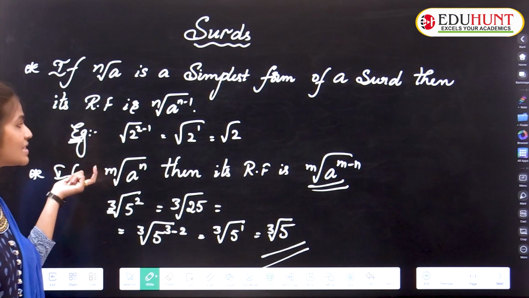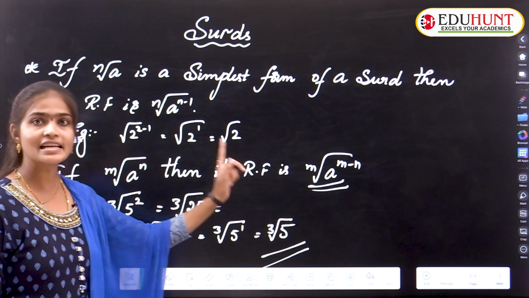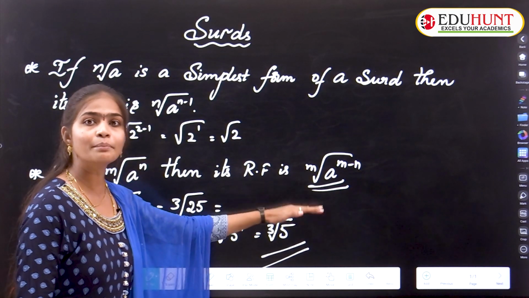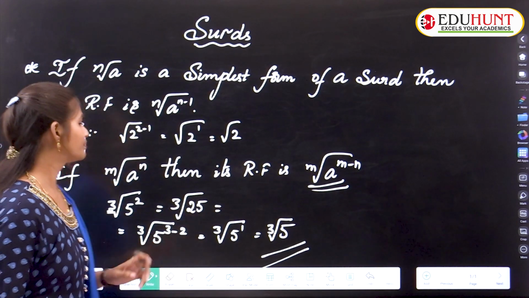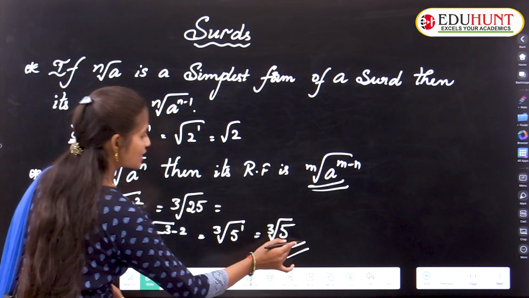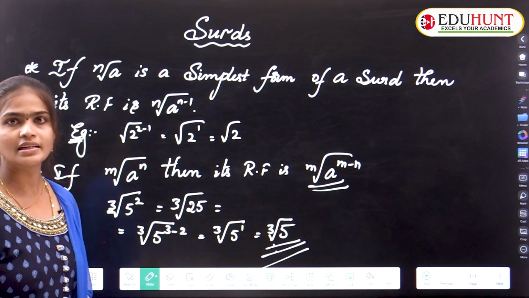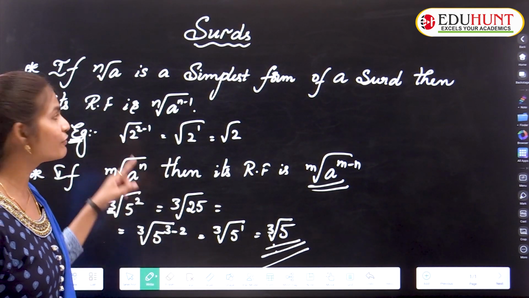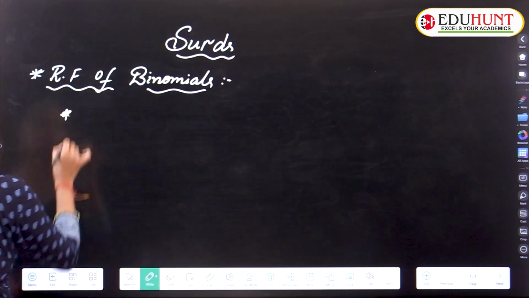If the surd is in the form of mth root of a power n, then its rationalizing factor should be mth root of a power m minus n. Is it clear? So what is the rationalizing factor of cube root of 5 square? That is cube root of 5. Is it clear? So in this way we can find the rationalizing factors of any given surds.